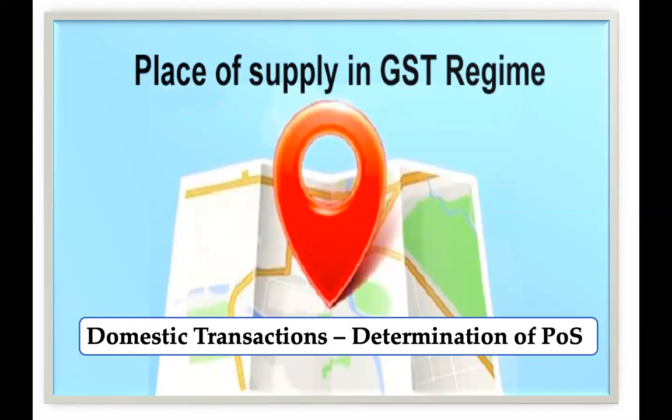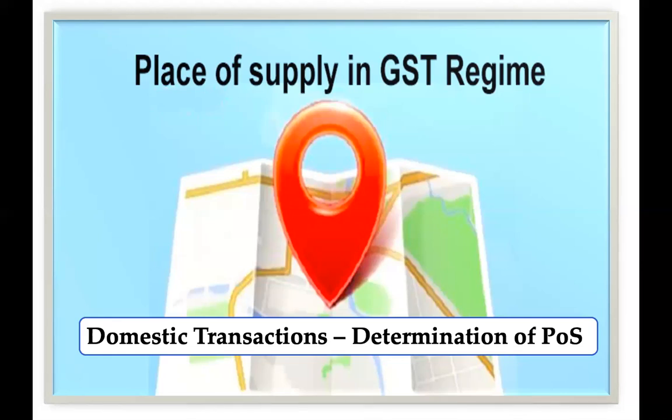So, place of supply is so important because of two things: whether the revenue should go to the state government or to the central government is determined based on place of supply.